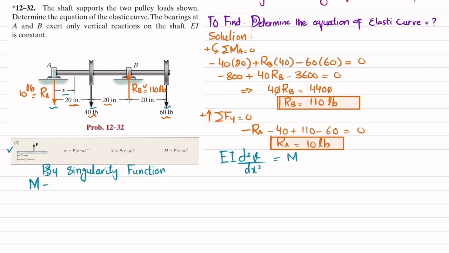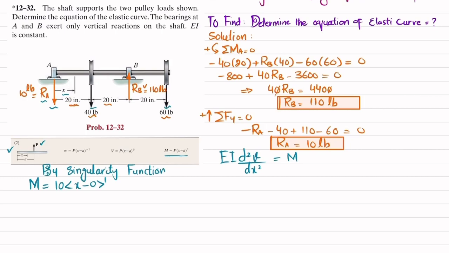If there is a point load applied, the moment function will be this one, P times x minus a to the power 1. At the first location, at the point where x starts, a is equal to 0 in this case. So the moment function will have P equal to RA, so 10 times x minus 0 to the power 1.